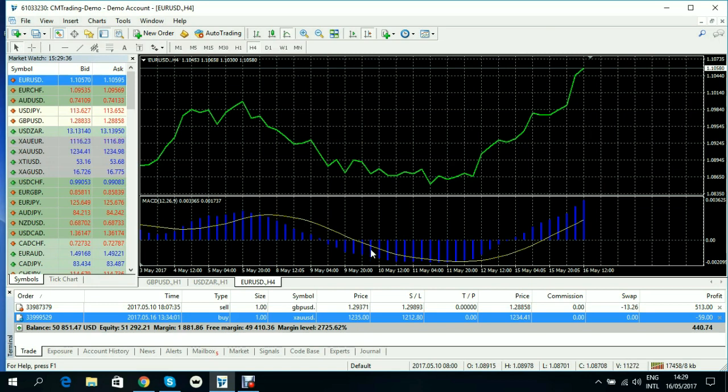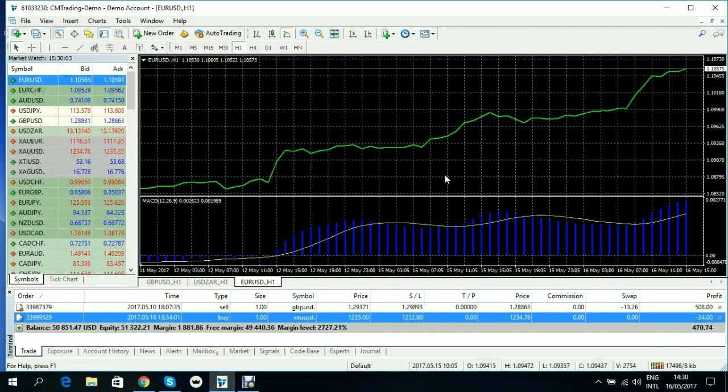And the more the bars stretch downwards, the more the price is likely to fall, hence more money for a sell position. Remember, the longer the time frame, the better. It works the same way in all the time frames.